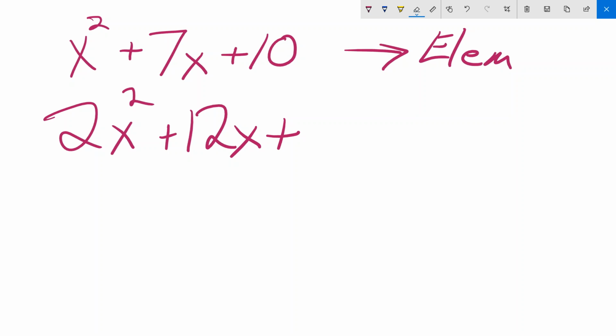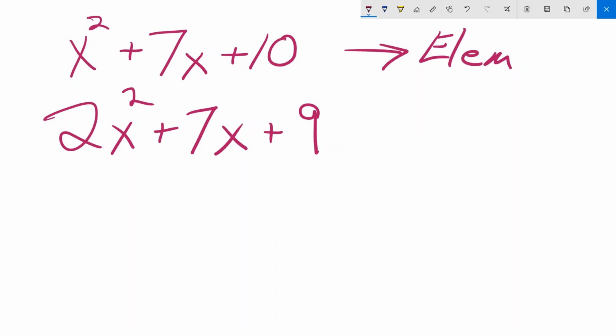Yeah, no. Let's go ahead and just make up a number. And then I'll figure out what works, what doesn't here. Let's say plus 9.